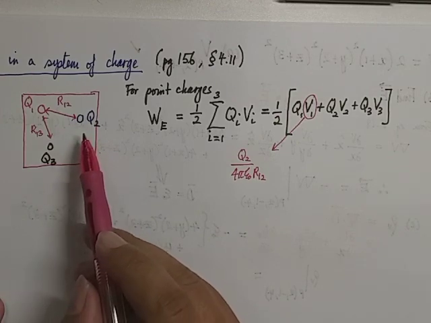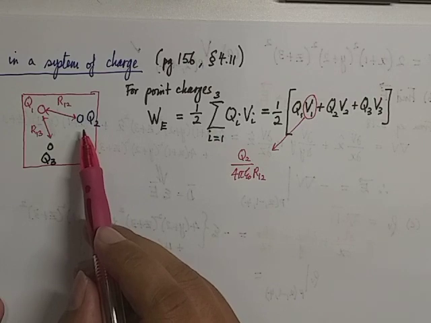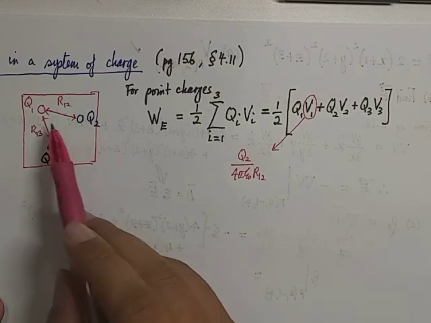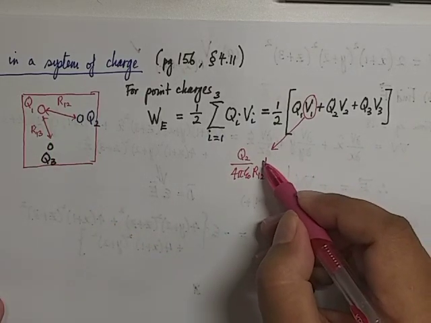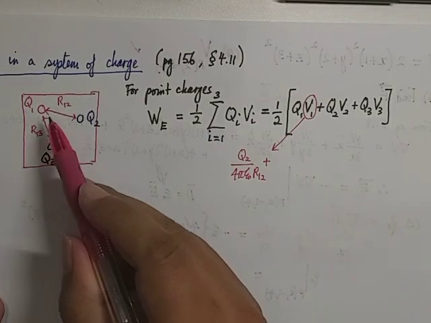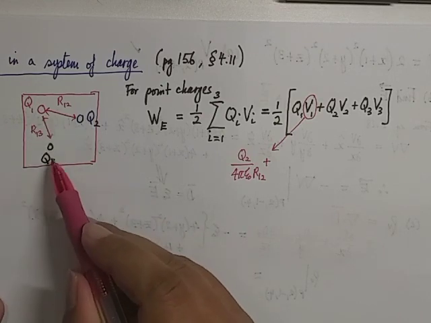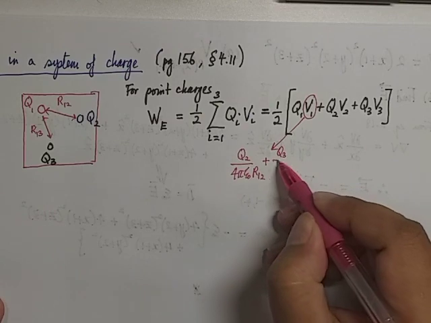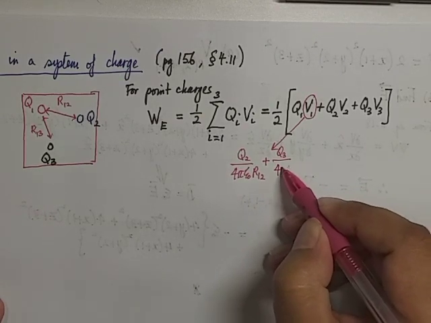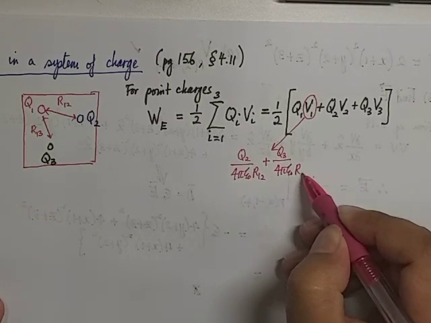Remember the absolute potential we discussed regarding point charge, where the reference of absolute potential is infinity. That's the equation that we are using. And then we add, because there's another charge that affects the potential here. That should be Q3, so Q3 over 4 pi epsilon naught R13.